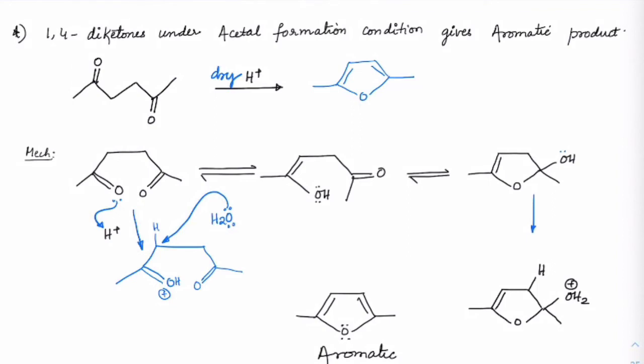So first water will take away this H plus, making an elimination. This bond will shift here as a double bond and this pi bond will shift onto oxygen and you will get this. So we will get this O here, OH here with double bond O.